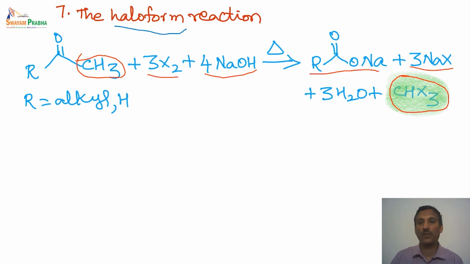The other products include sodium halides and water. In this reaction, basically the methyl group is the only thing which gets converted into CHX3. So this reaction is applicable only for the formation of methyl derivatives.